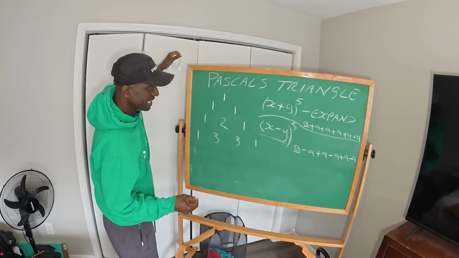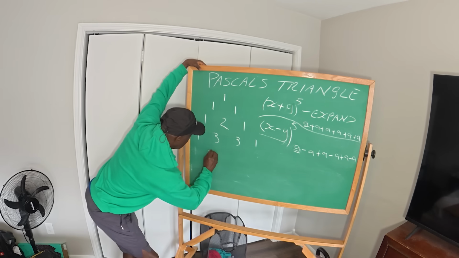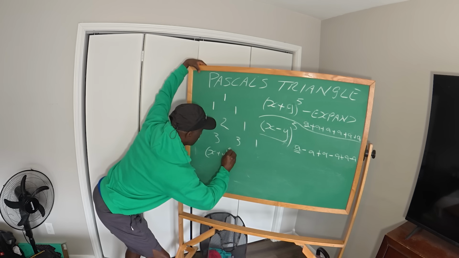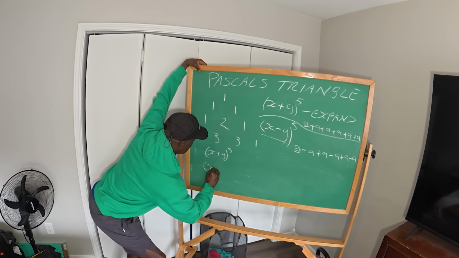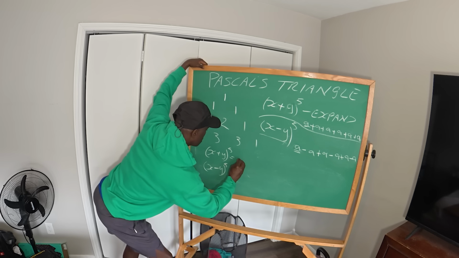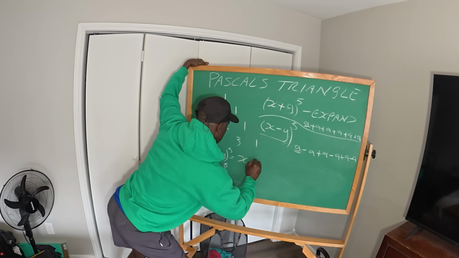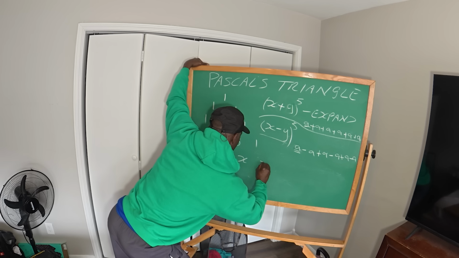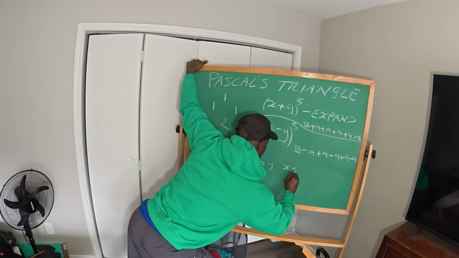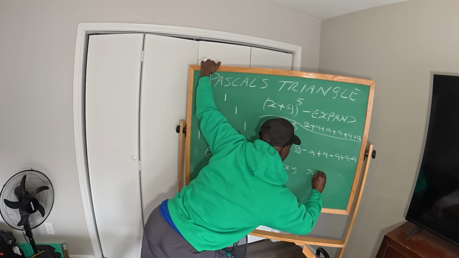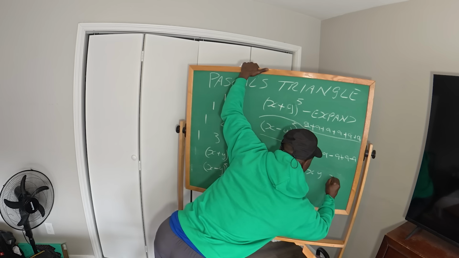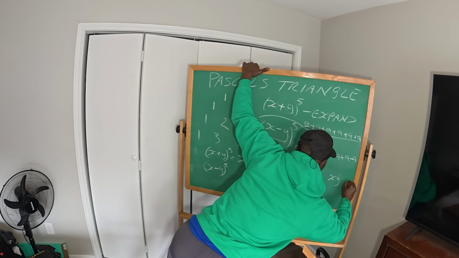So let's do 2 cases when we have x plus y to the 5, and we have x minus y to the 5. That would be equal to x, xy, xy, xy, xy, and y.